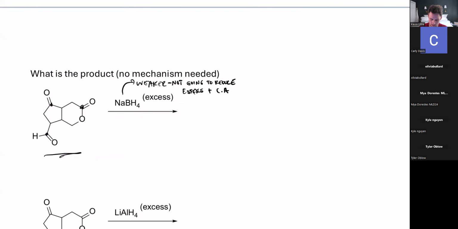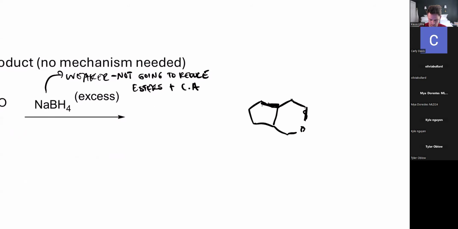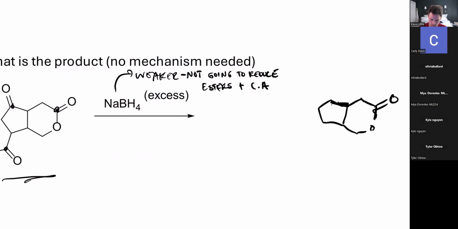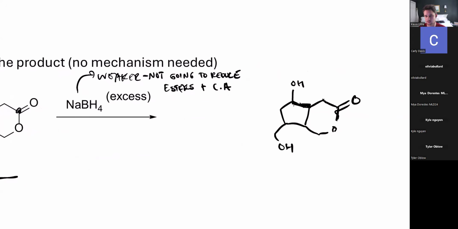So realistically, what I think I would see is something that looks like this. My pen is freaking out for some reason. That's a great experience. Where I reduce both this ketone and this aldehyde down to alcohols, but the sodium borohydride doesn't touch the ester.